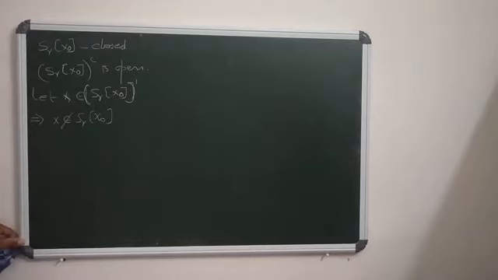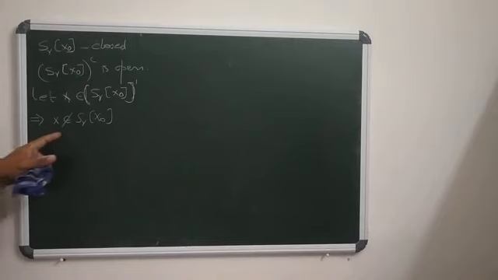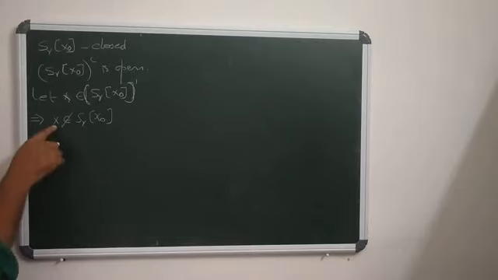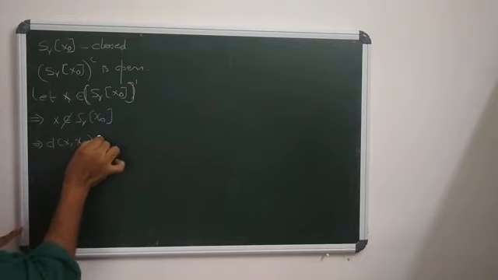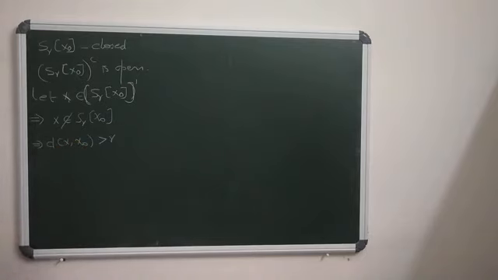How to define this S_r[x0]? It is the set of all y in X such that the distance between y and x0 is less than or equal to r. Since x is outside of S_r[x0], the distance between x and x0 is strictly greater than r.